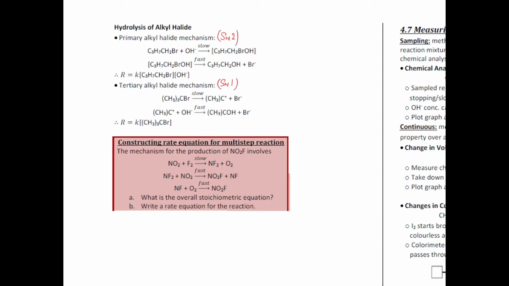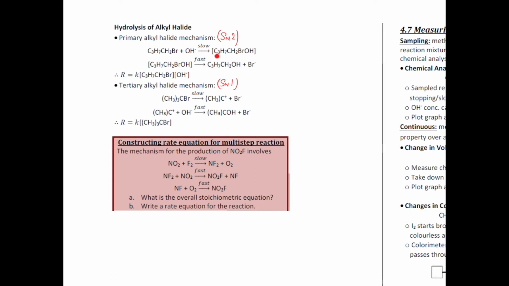Okay, now let's see. First step, the halogenoalkane, which is the bromopropane. No, it's butane, bromobutane. Sorry, 4 carbon. Bromobutane reacts with hydroxide ions in aqueous.